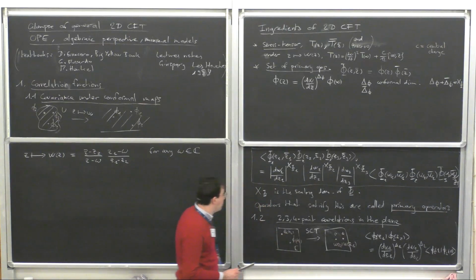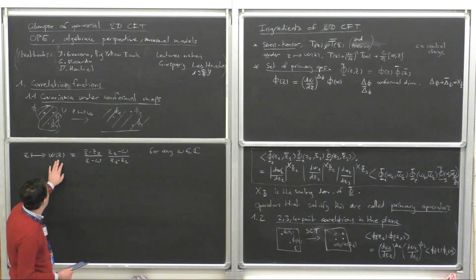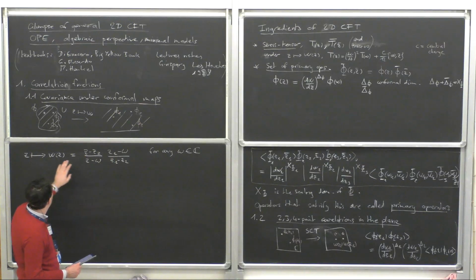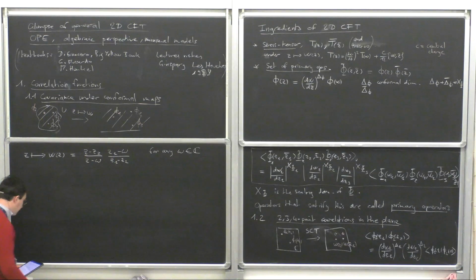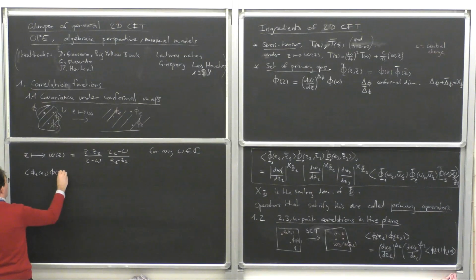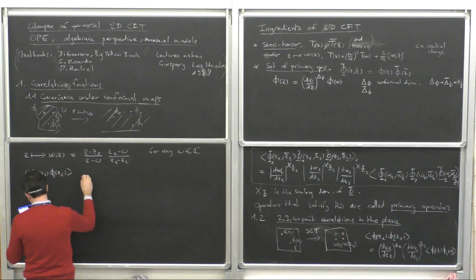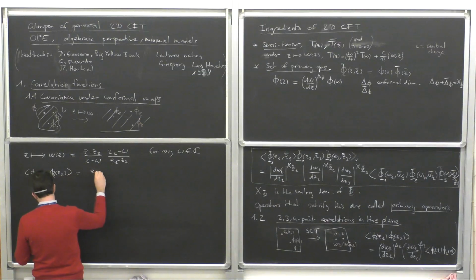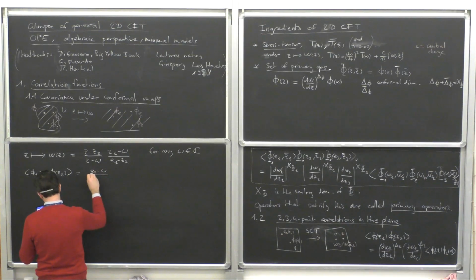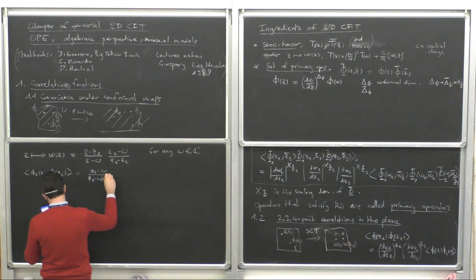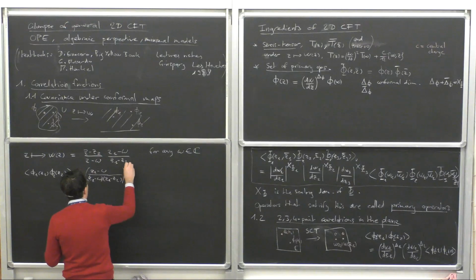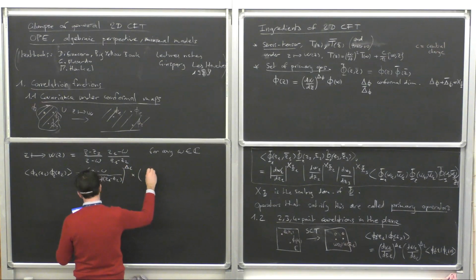So it's going to send z1 to 1 and z2 to 0. But if I plug that into the correlation function over there, then this tells me that phi1 phi2 of z must be z2 minus omega over z1 minus omega times z1 minus z2 to the delta 1, and the same thing where you exchange indices 1 and 2.